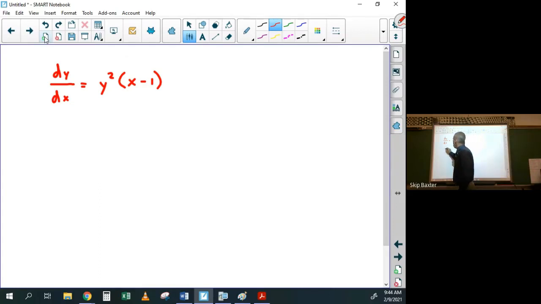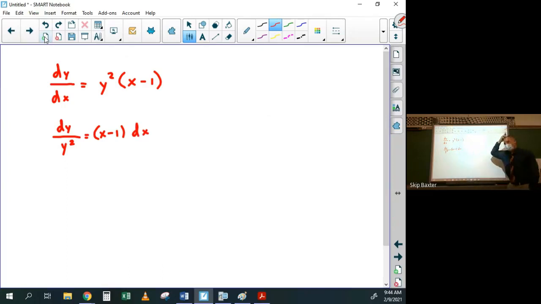So this is going to be separated as dy over y squared equals x minus 1 dx. So I just divided by y squared to get the y onto the left and then multiplied by dx. And notice I kept the plus 1 with the x, partly because it's like a factor, and partly because I want to keep as much stuff as I can with the x. It makes it a little bit easier.